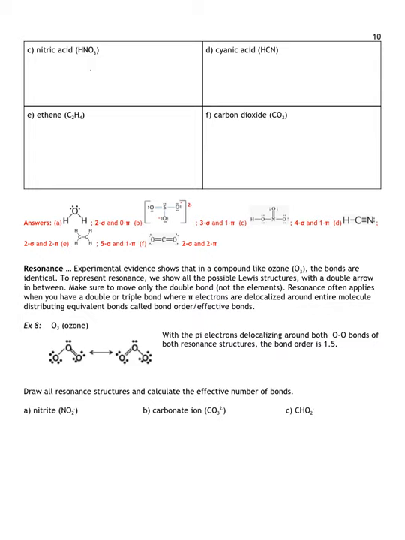Okay, so my next one is nitric acid. Now nitric acid has nitrogen in the center with 5 valence electrons, and then I'm going to position the 3 oxygens around, and I know that this hydrogen right here is going to be on one of the oxygens. Okay, so I just know that it's an acid, and with acids the hydrogen is going to attach on the oxygen.